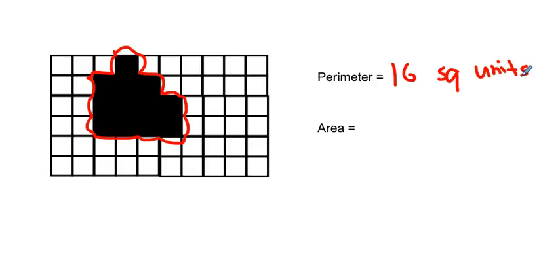Alrighty, remember to find the area. We are just going to imagine that there are lines here since the black is covering up our lines. And we are going to count the spaces inside our shape. 1, 2, 3, 4, 5, 6, 7, 8, 9, 10, 11, 12.